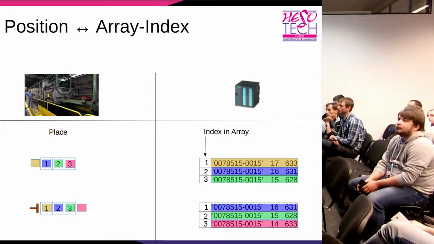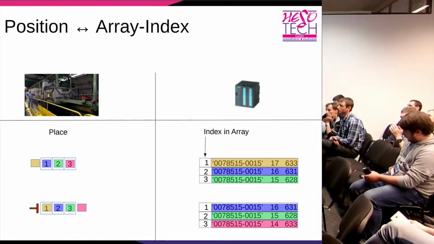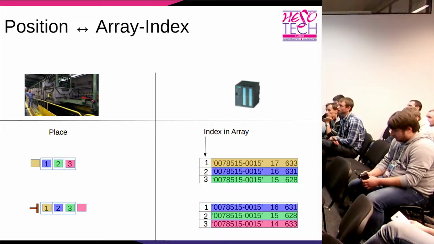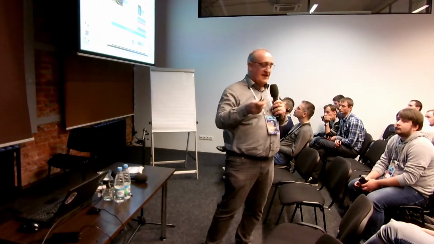So, when we transfer this to the database, it is also very clever to retain this structure. So we have an array of lot IDs, that's the name of the order. Then we have another array of sublot IDs, that means 1, 2, 3, 4, 5.